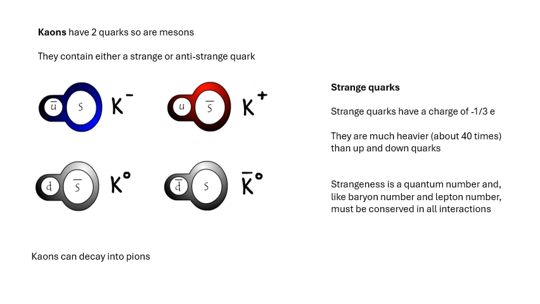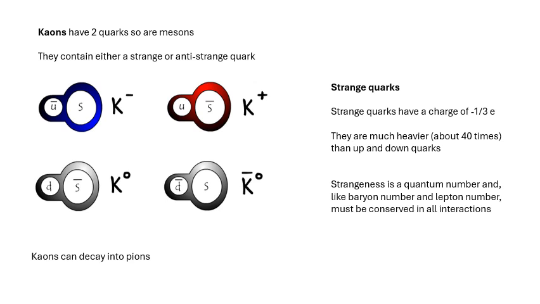What are strange quarks? Well, a strange quark, S, has got a charge of minus a third. So an anti-strange would be plus a third. They are much heavier than your up and down quarks, about 40 times heavier. And strangeness, I'll talk a little bit more about on another slide.